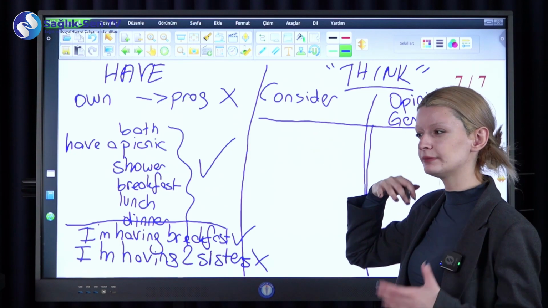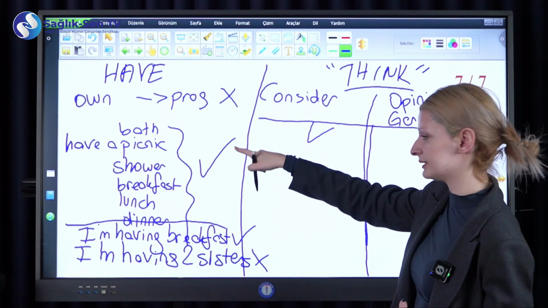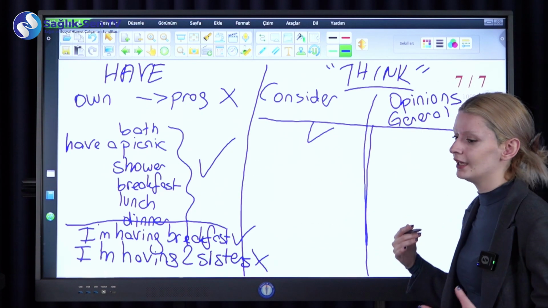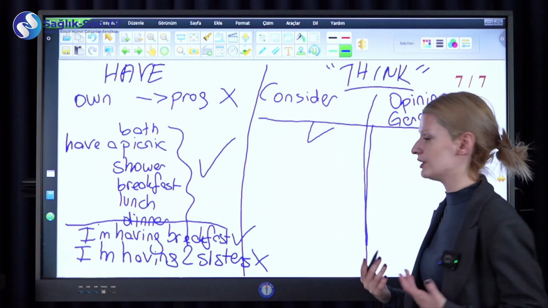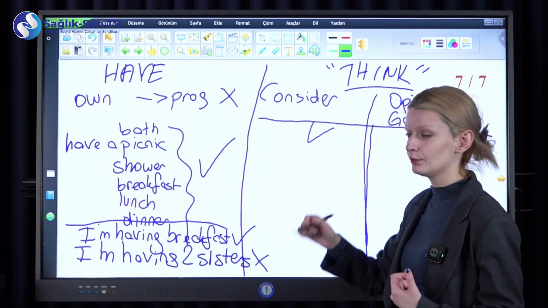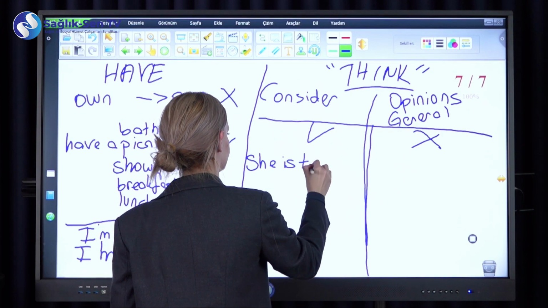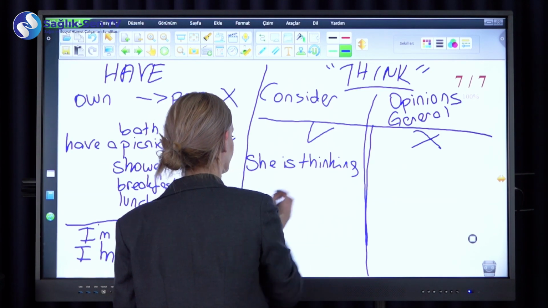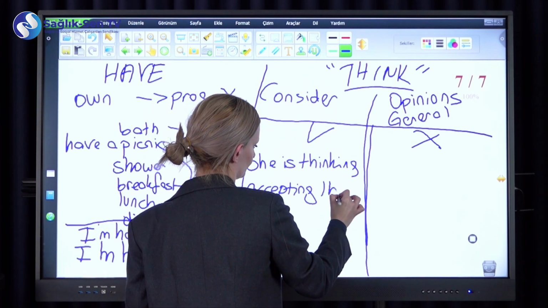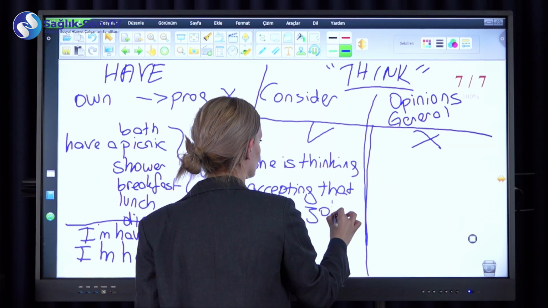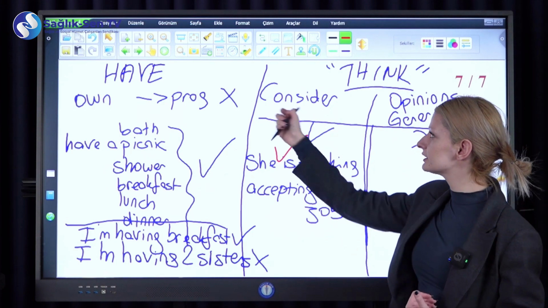If it means considering something, yes, we can use present progressive. But if we're describing our general opinions, our thoughts about something, we cannot use present progressive. Let's give an example. She is thinking about accepting that job. Here, this is correct because in this example, it refers to consider.